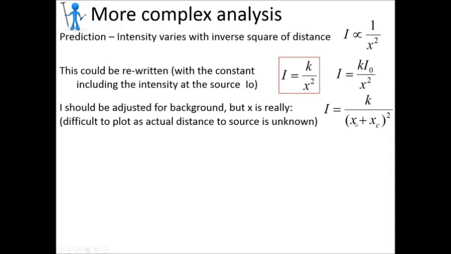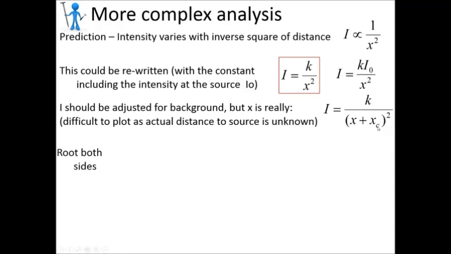X is the distance we've measured between the source and the GM tube, and really that isn't correct. We need to bring in an extra little bit of distance, XC, because it's difficult to measure the exact distance.